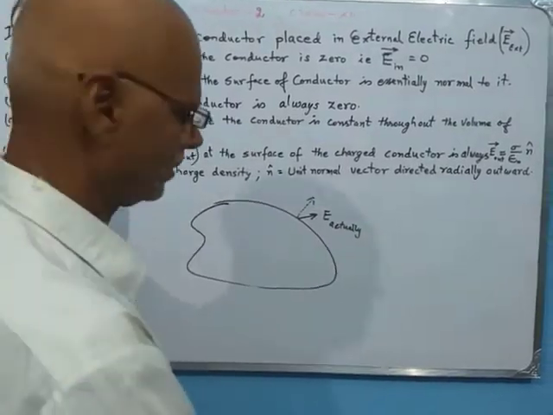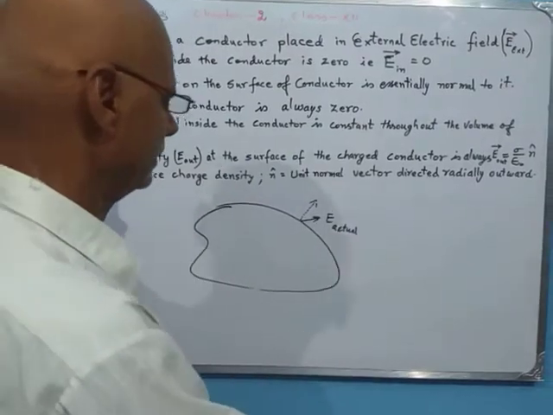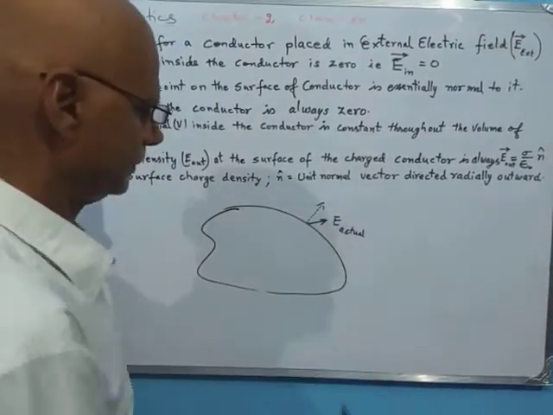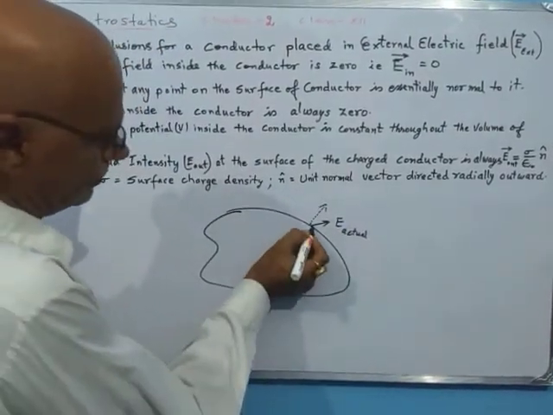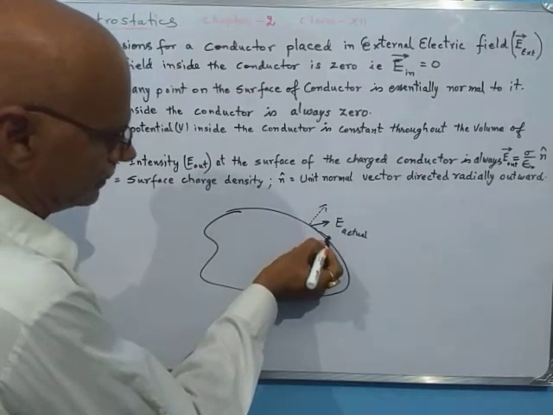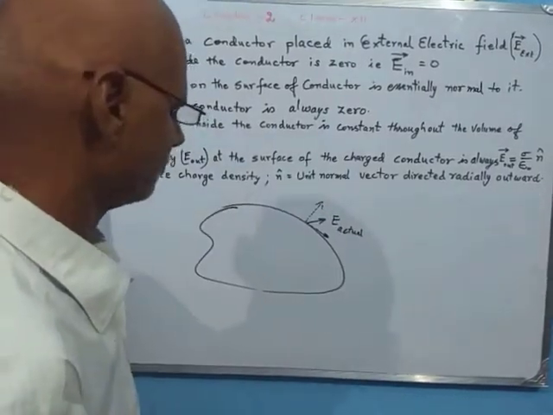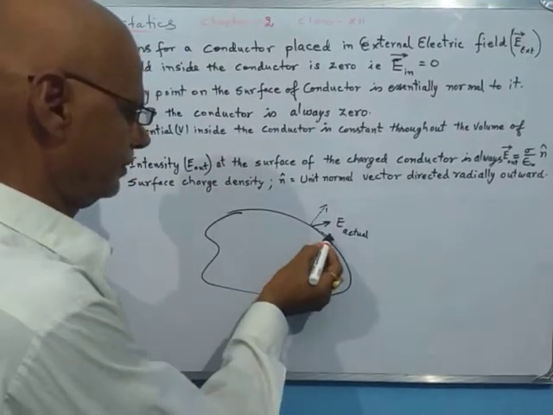So if we have this electric field along this direction given by the complete line, then we will have two components of the electric field, one along the surface and another perpendicular to the surface.